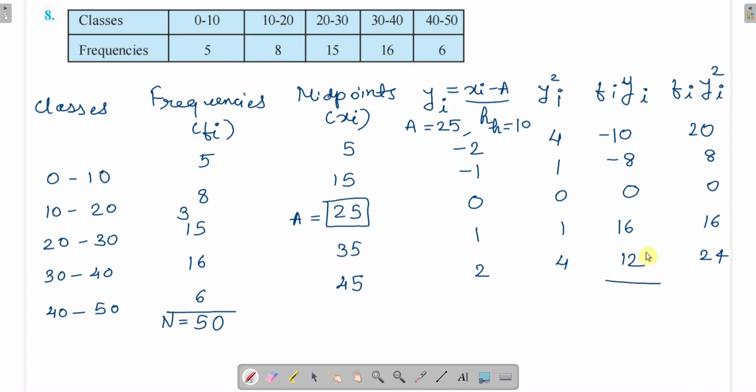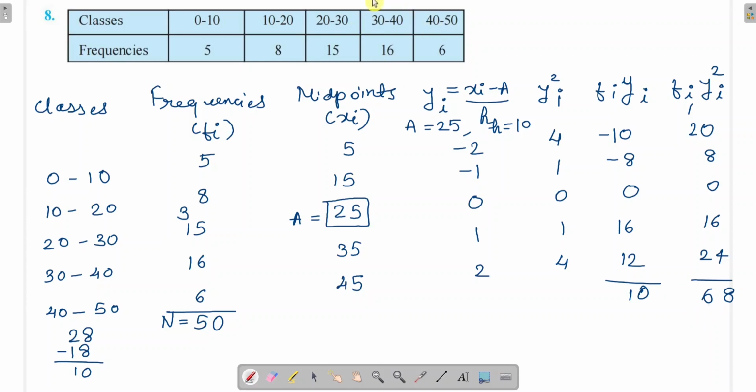Now we will find the sum of this. 16 plus 12 is 28, minus 10 minus 8 is minus 18, so that means the sum is 10. Now 20 plus 8 is 28, 28 plus 0 is 28, 28 plus 16 is 44, 44 plus 24 is 68.